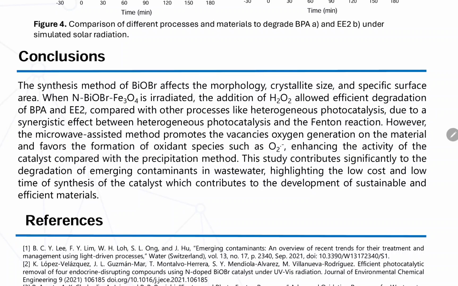In conclusion, the synthesis method of bromide oxybismuth affects the morphology, crystallite size, and specific surface area. When nitrogen bromide oxybismuth with magnetite is irradiated, the addition of hydrogen peroxide allows efficient degradation of BPA and EE2 compared with other processes like heterogeneous photocatalysis, due to the synergistic effect between heterogeneous photocatalysis and the Fenton reaction.